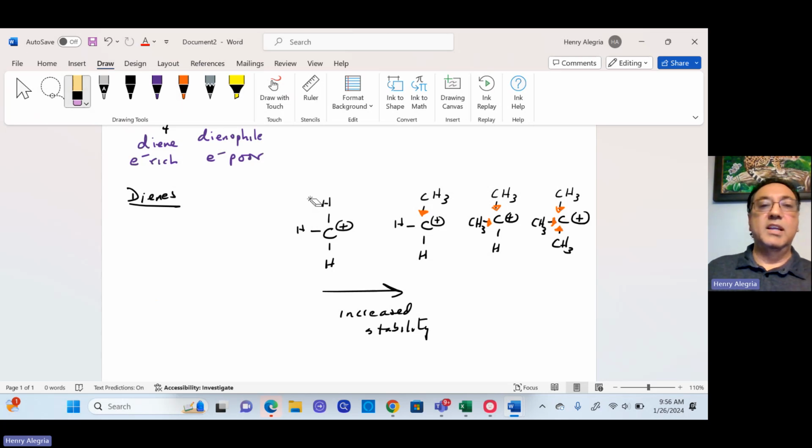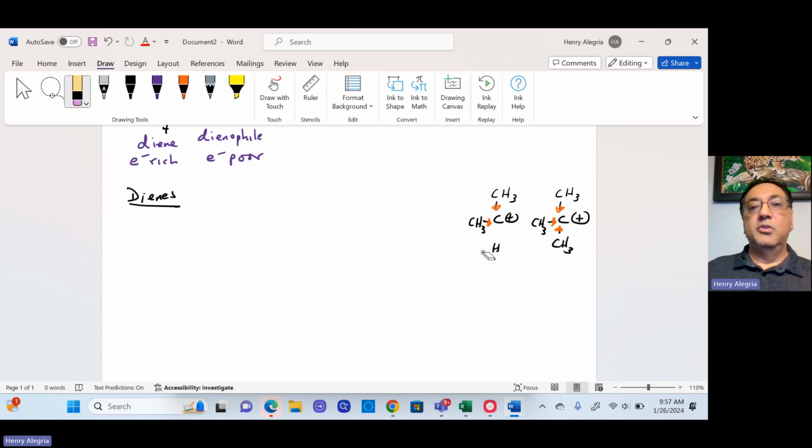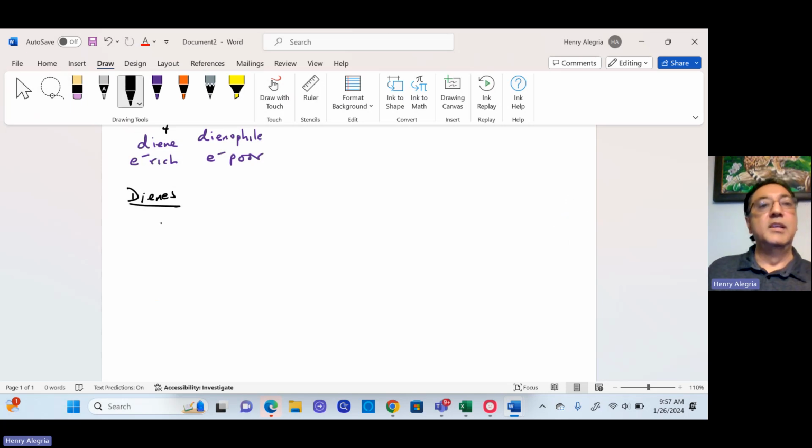So once we understand this, we go back now to our discussion of dienes. We would therefore want to add potentially alkyl groups to the diene in order to make the dienes more reactive. So if I have the core diene like that, I could add a methyl group, because the methyl group is pushing electron density there.